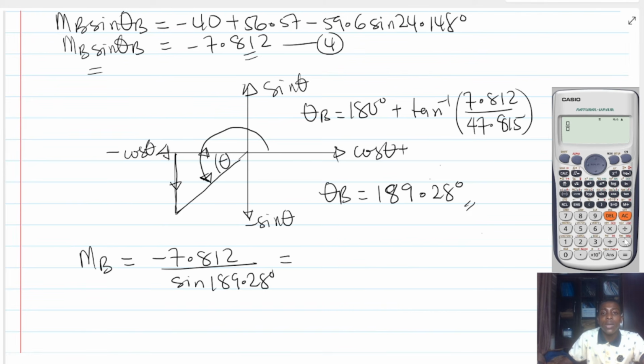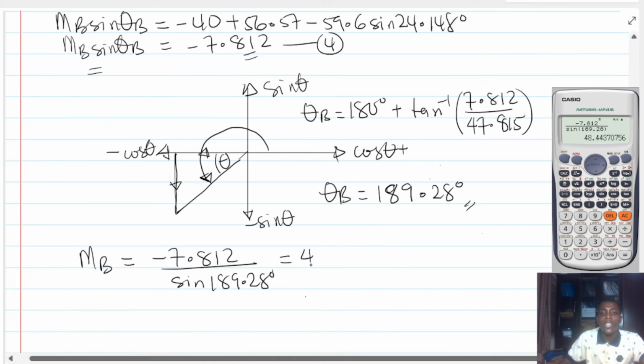So it's going to be minus 7.812 all divided by sine 189.28. And the answer for this is 48.44 kilogram. And that is mass B.